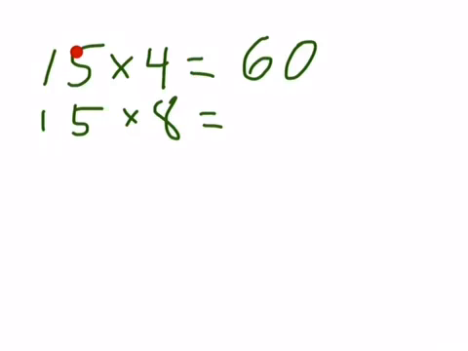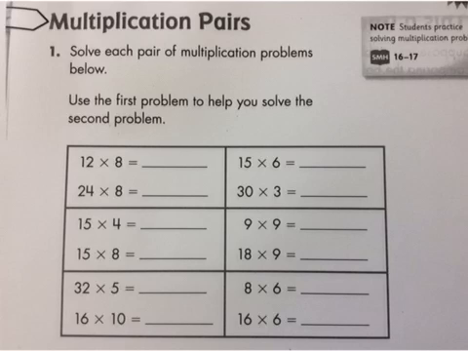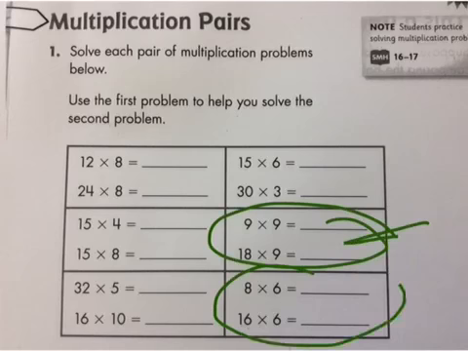This doubled, this stayed the same, so this one I know is going to be just doubled, 60, which is 120. And if we really want to double check to make sure it's right, we have 80 and 40, and that is right, 120. So that method should work here, this one, and this one.